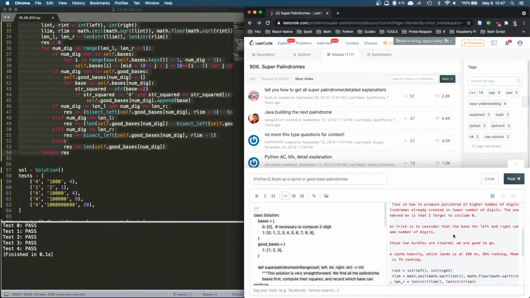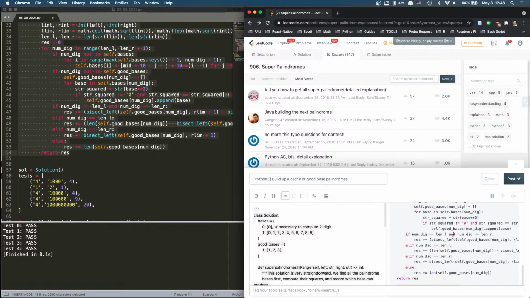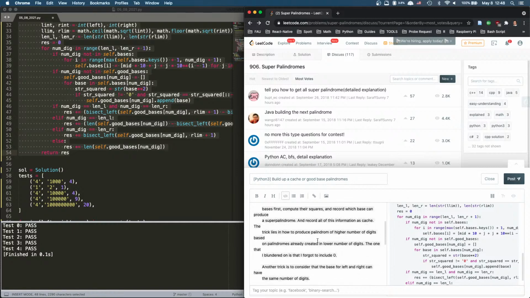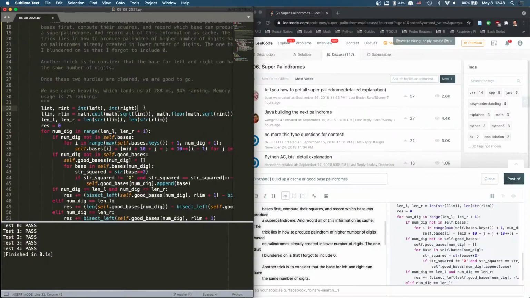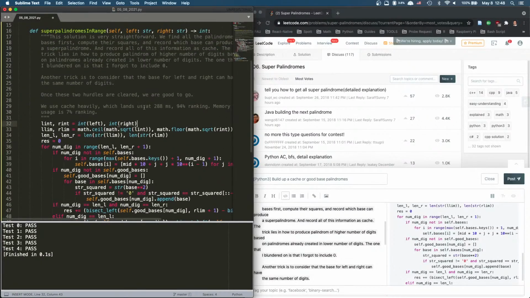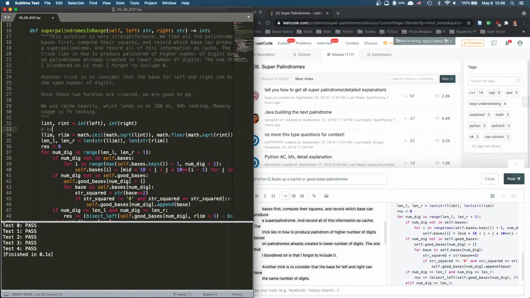So consider that the base for left and right can have the same number of digits. I want to add a little bit more comments in here. So this is left and right. Base left base limit and right base limit.